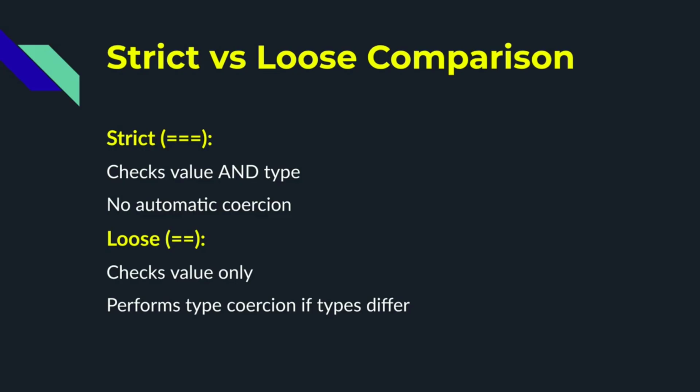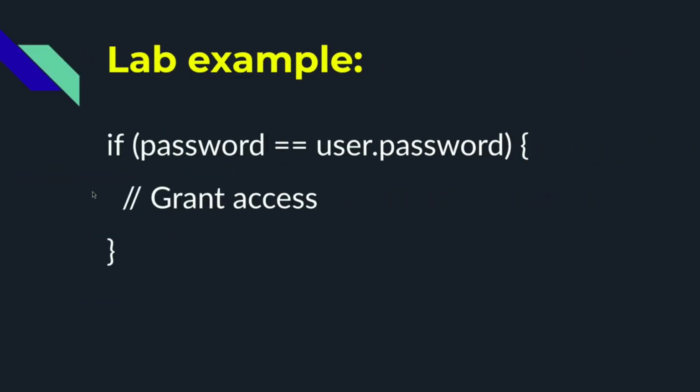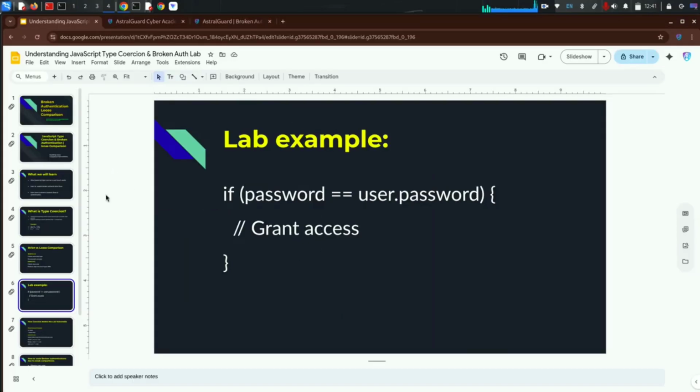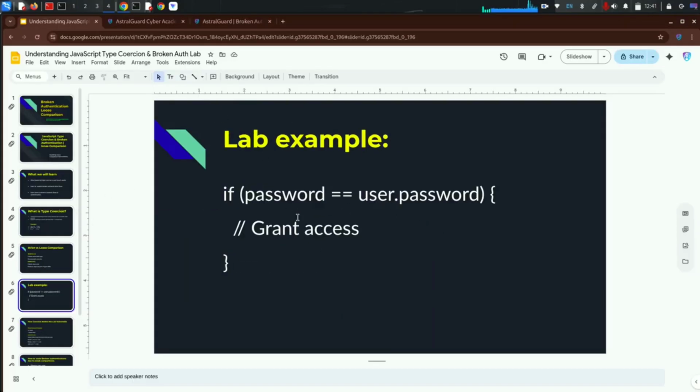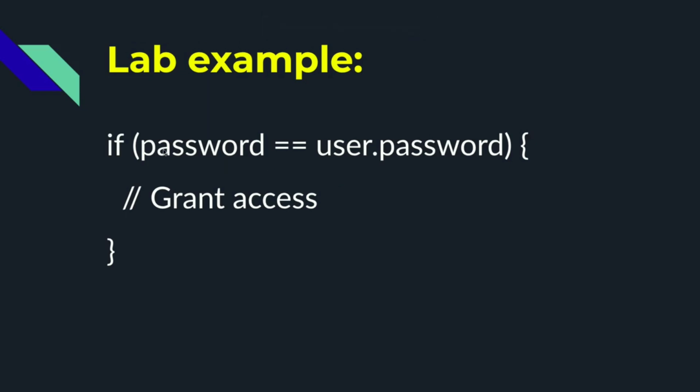Right now we're going to see something. Let me first do this. When I come right back here, in our backend we have a code of this kind, exactly like this one. So we see it says, if the password is equal to user the password, then grant access. So where's the problem here? It's right here.